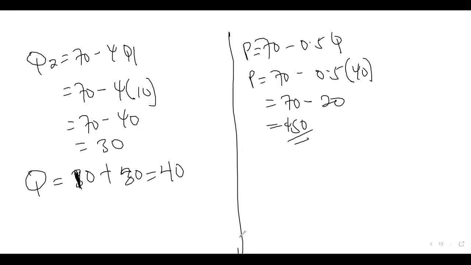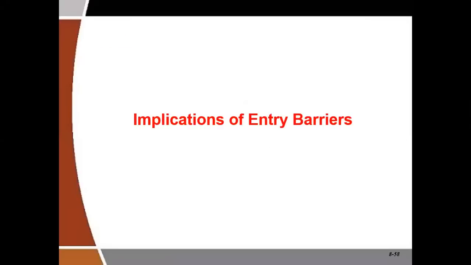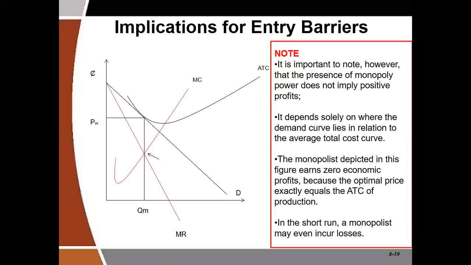So the final thing we have to do on monopoly, the final thoughts on monopoly. Now, we should know that the presence of monopoly does not always mean that they will make profit, because the extent to which monopolies will make profit depends on where the average total cost curve lies in relation to the demand curve.